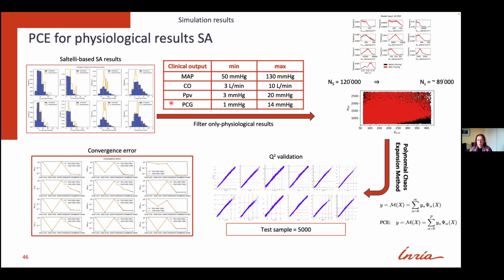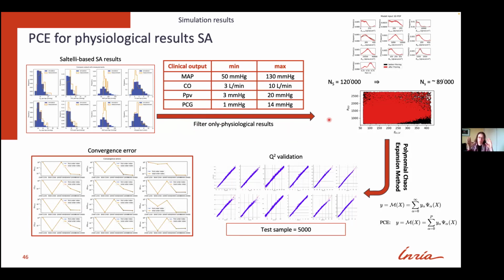What we did is we defined with our clinical colleagues ranges of clinical output that would be acceptable. And we filtered all of our results, keeping only the varying parameters as inputs and the outputs we got that are physiological.